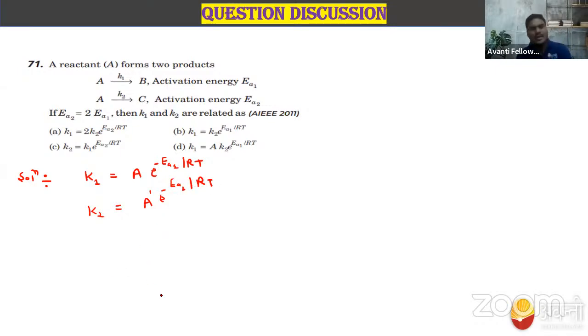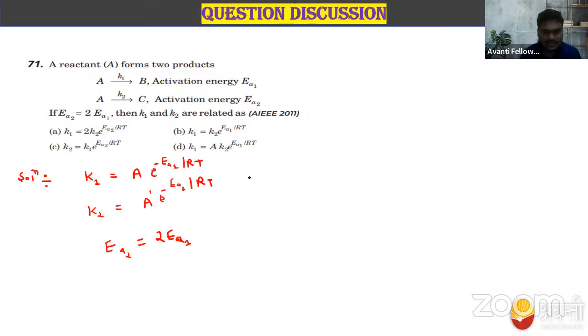Now, A is the Arrhenius pre-exponential constant, or Arrhenius constant, you can say. Okay. Now, in the question, already it is given that EA2 is equal to twice of EA1.